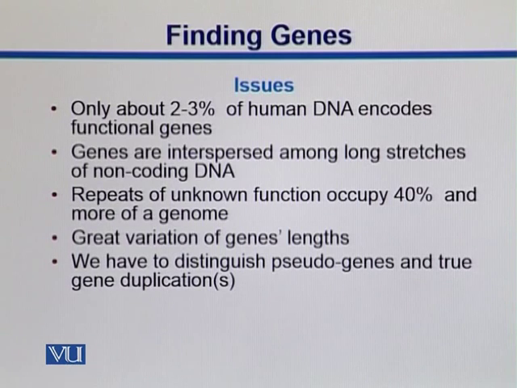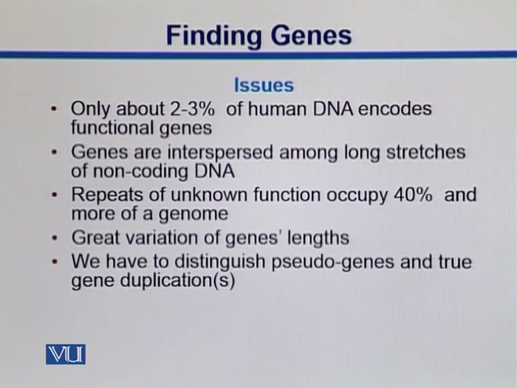So don't use the word junk, but in the literature you would still find the word junk DNA. Then in the case of human DNA, our eukaryotes, we observed a large number of repeats, up to 40%. And there is great variation in gene length. Some genes are long and some are shorter, so you cannot come up with an exact number as far as length is concerned.